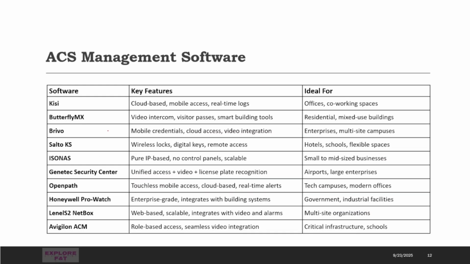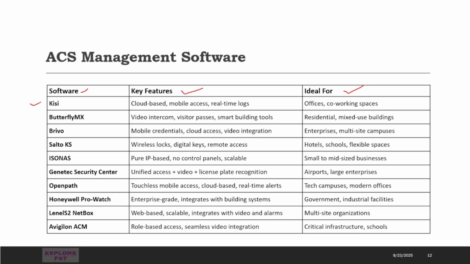Next is which software we are using mostly in access control devices. Here is a list of software and their key features. If you want to take a screenshot you can. Some of these you may know and some you may not.